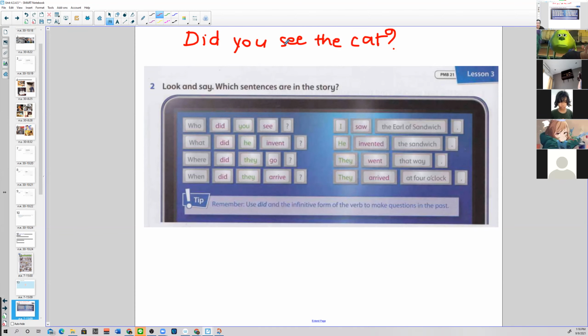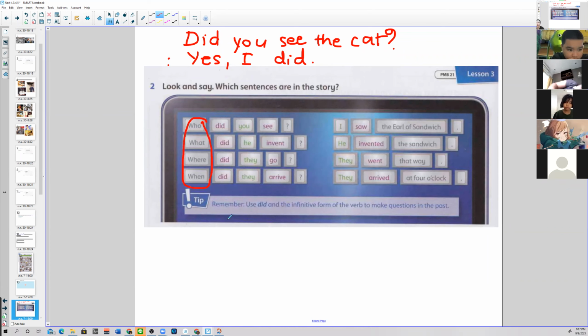That's the past simple. And the answer should be, yes, I did, right? For this lesson, we added more. We just don't want yes, no questions anymore, right? We step up to WH questions.